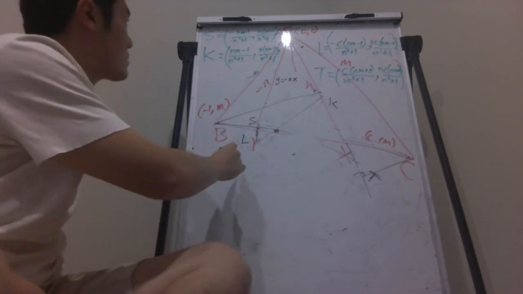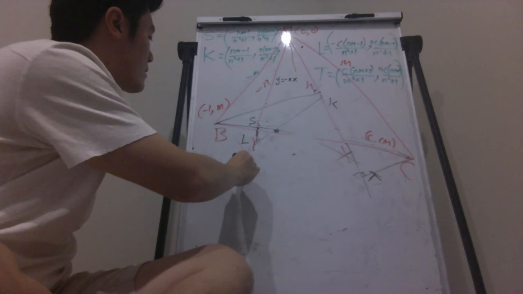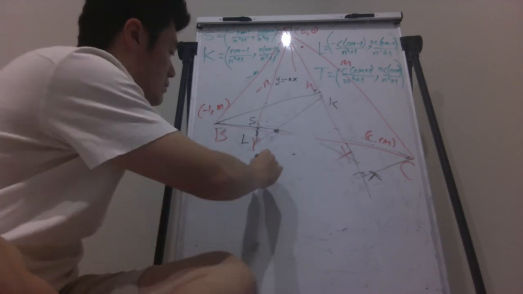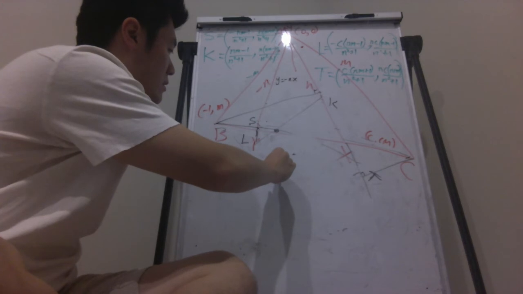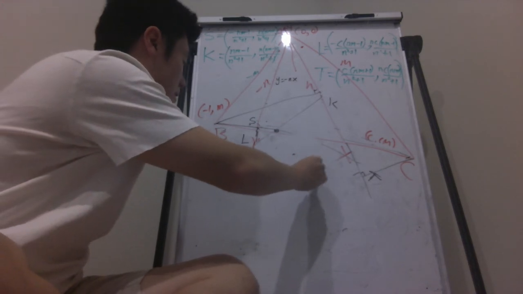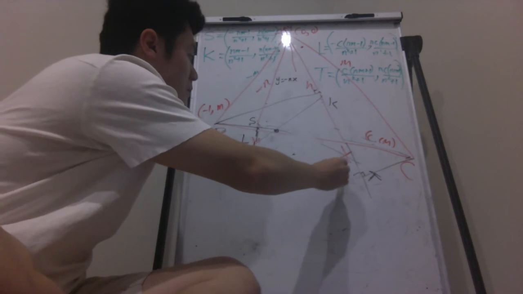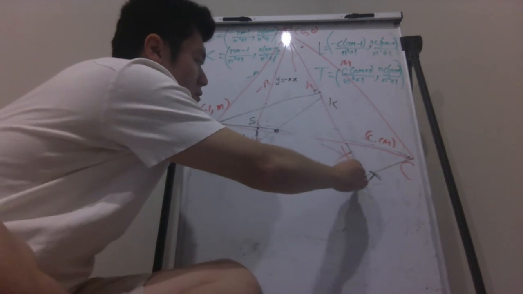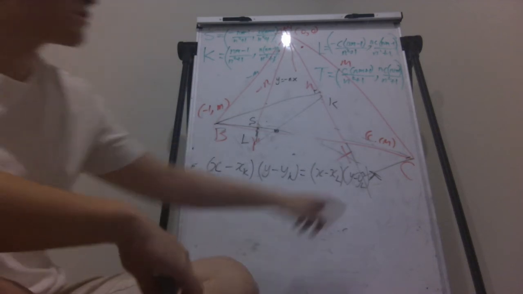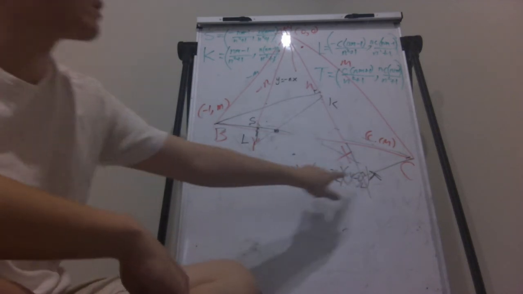It'd be x minus xk times y minus yk equals x minus xl times y minus yl. Wait, what? So can you see that when you expand this, the xy cancels with the xy?